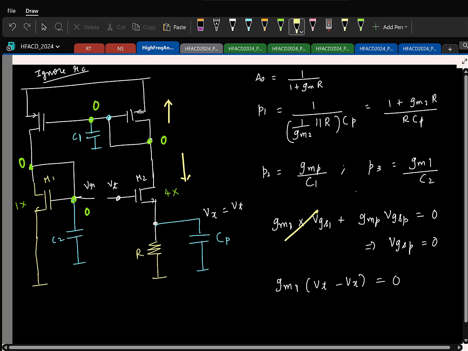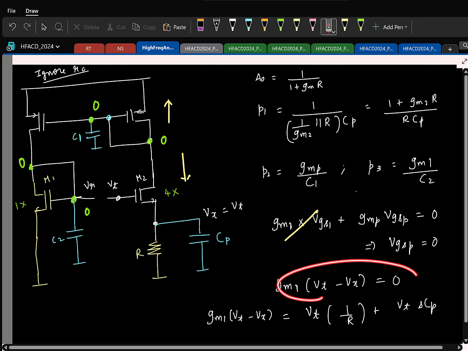The current gm1 into (Vt minus Vx) should be equal to Vt by R, and I already know this current is 0. So where is the zero located now?